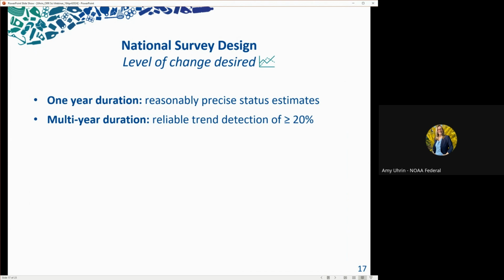But also in previous efforts that have tried to do this, it kind of seems to be the number that people use. And that's okay, because you'll see later on that we kind of played around with that number to see if it was actually feasible.